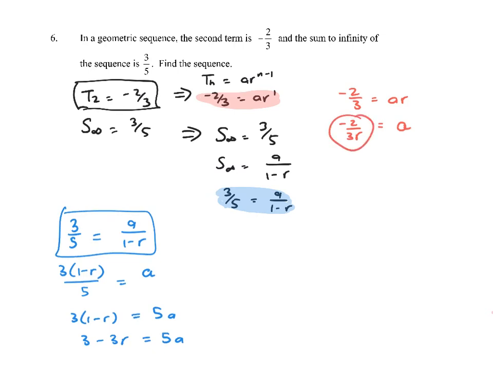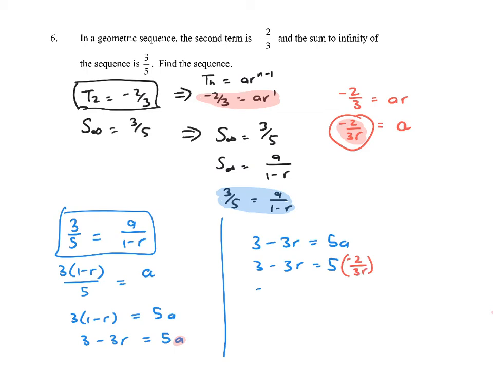And I'm going to plug negative 2 over 3r into that a there. So we've got 3 minus 3r is equal to 5a, so 3 minus 3r is equal to 5 times negative 2 over 3r.